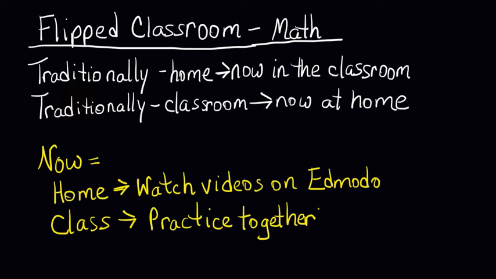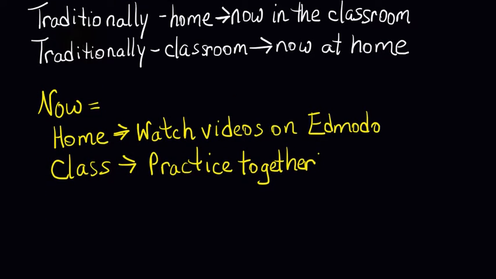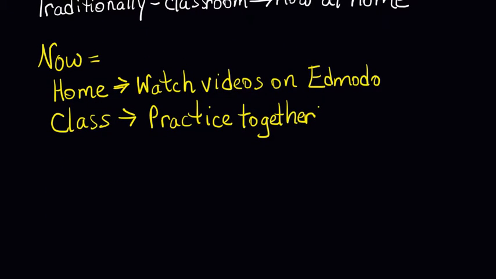A lot of times we make mistakes at home and then they don't get corrected at school, and then we end up moving ahead and not really understanding what we just did. That's why we want to practice together in the classroom. When you watch the videos at home on Edmodo, you have the freedom to pause it, rewind it, catch something again, or rewatch the entire thing if needed.